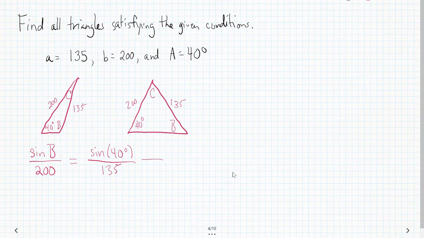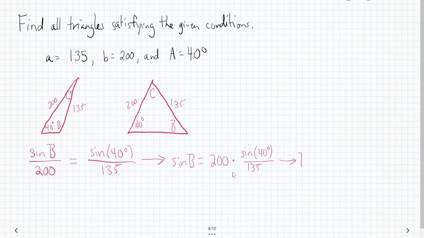So notice this means that sine of B equals 200 times sine of 40 degrees divided by 135. So if we wanted a solution for B, what do we have to do?